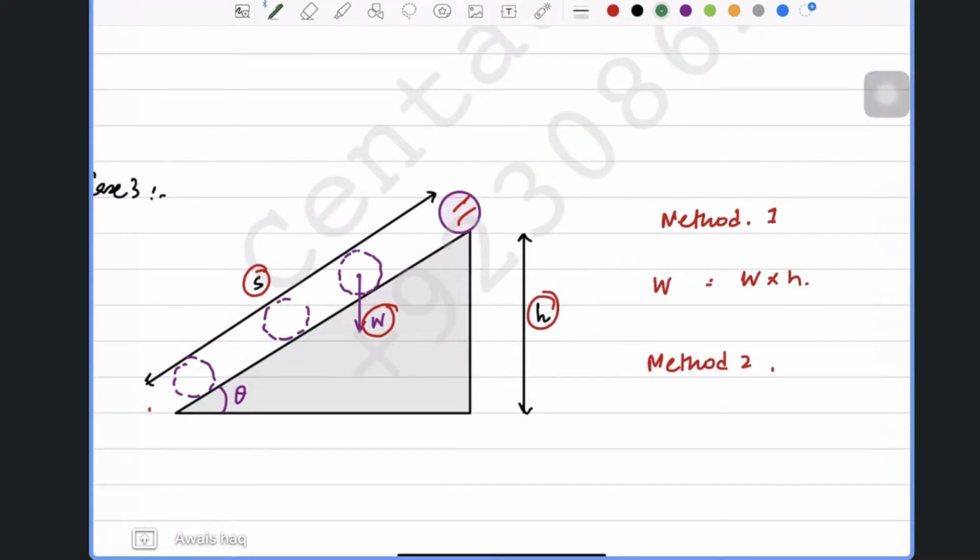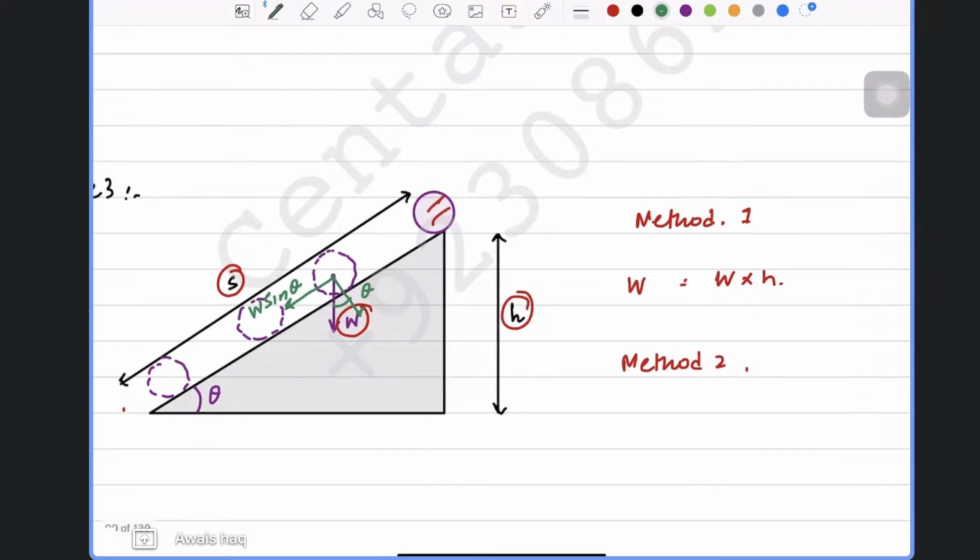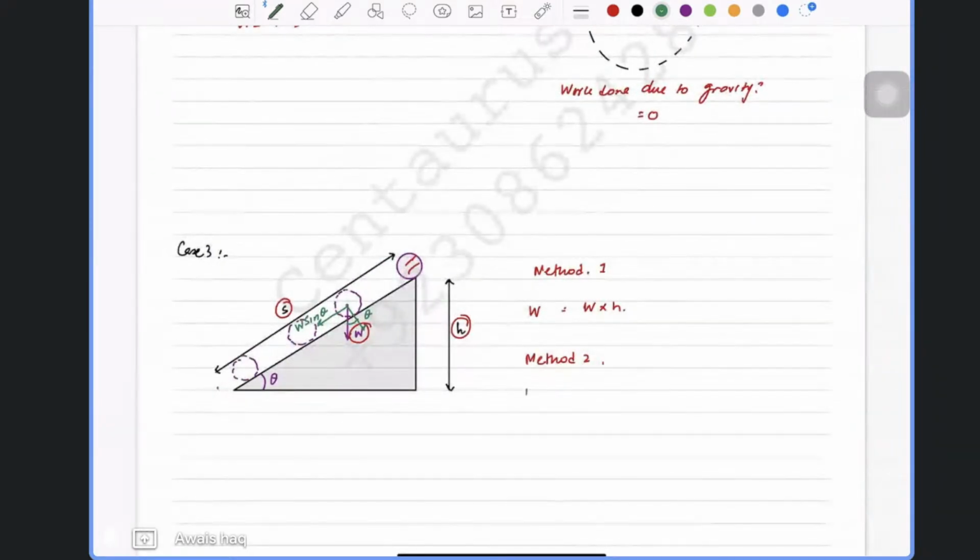One component is down, and this is theta, so this component will be W sine theta, and that would mean that work is going to be W sine theta times the parallel distance, which is S. Is it clear?